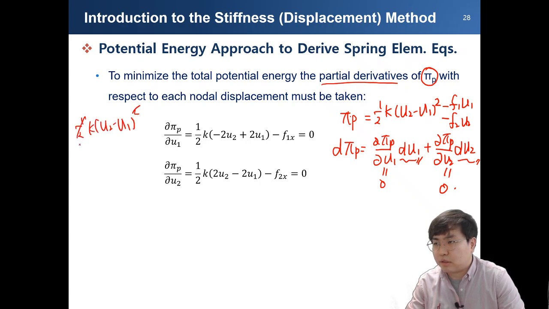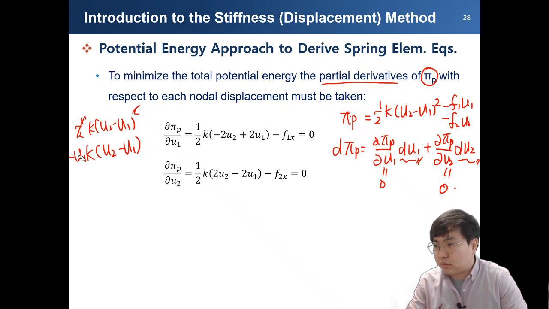Cancel out, and then we can keep the remaining part. Sorry, we don't neglect it here. We need a minus sign here, so minus inside here, and u2 changes sign, and u1 also changes sign, and then we can cancel this one, so the remaining equation is k times u1 minus u2 minus f1x equal to 0.